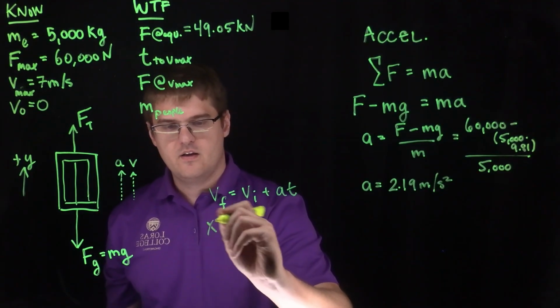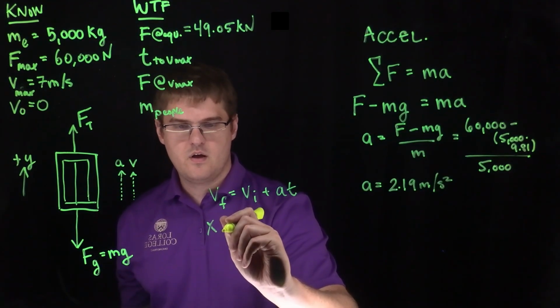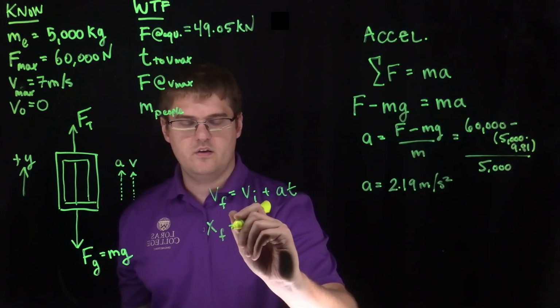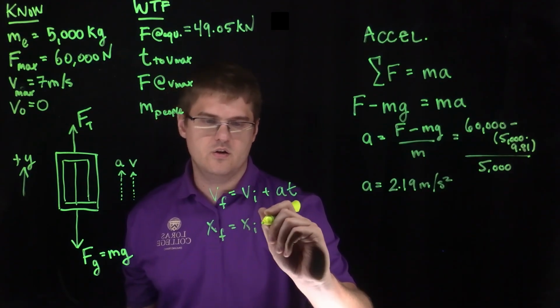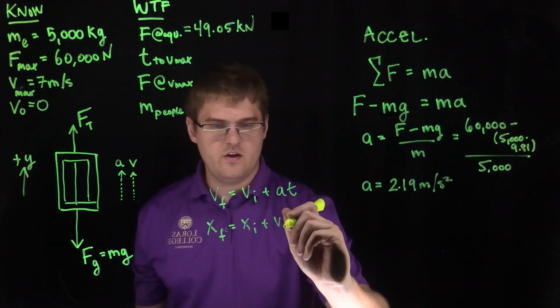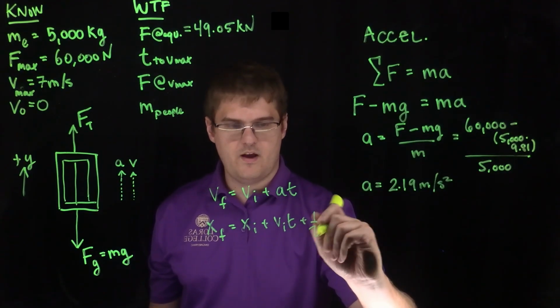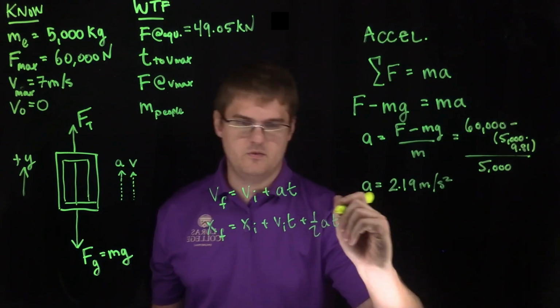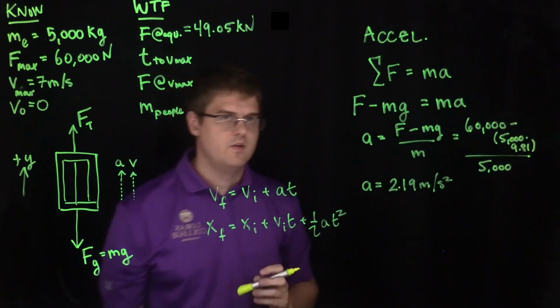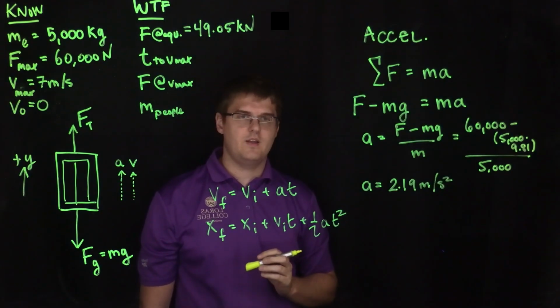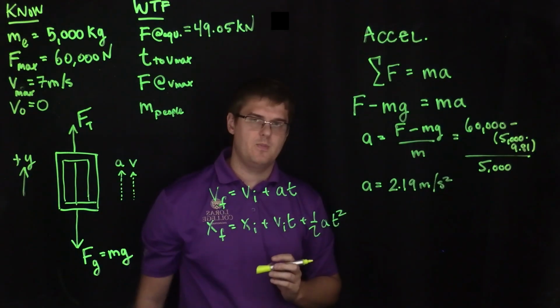And x final is equal to x initial plus velocity initial times time plus 1/2 acceleration times time squared. Those are the equations that I currently have that have time in them.